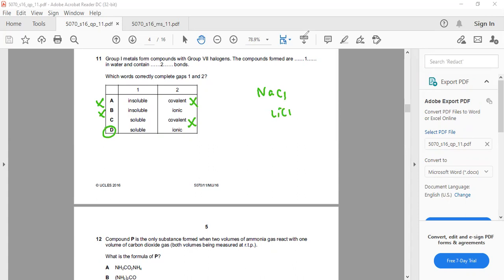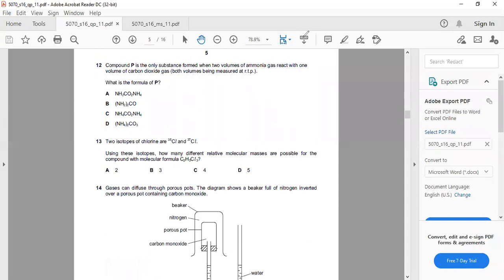Well, P is the only substance formed when two volume of ammonia reacts with one volume of carbon dioxide. Listen, for gases, volume also means mole. So how will you do this question? Let's say number one, NH2, CO2, NH4.